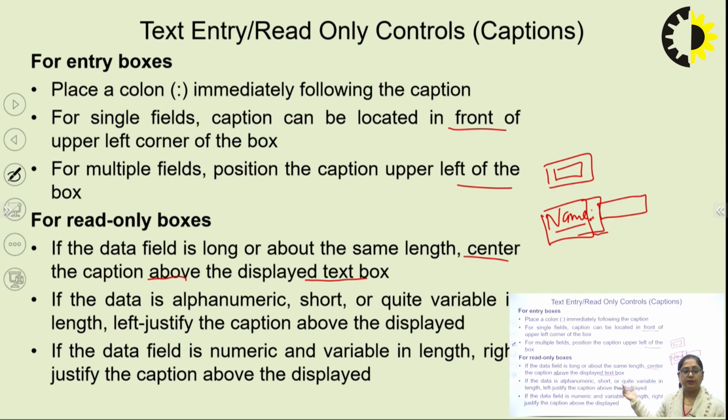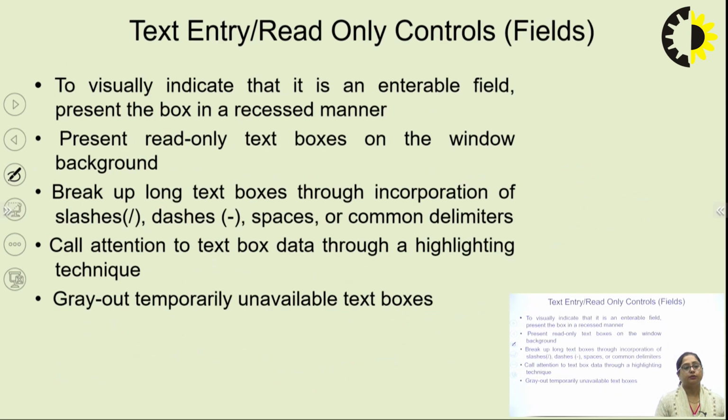So, these are the read only boxes. If the data is alphanumeric, short or quite variable in length, you can left justify the caption above the displays. If the data field is numeric and variable in length, right justify the caption. These are some conventions we use for text entry in text boxes.